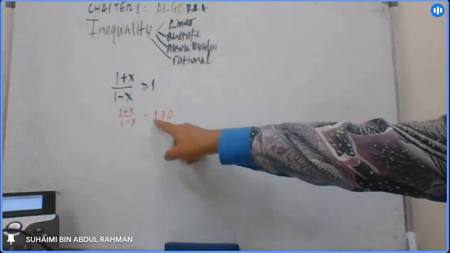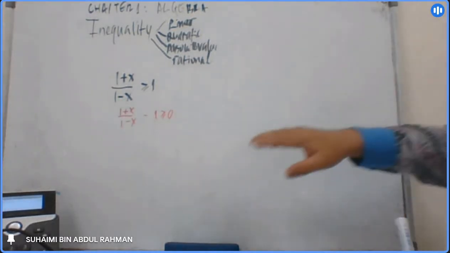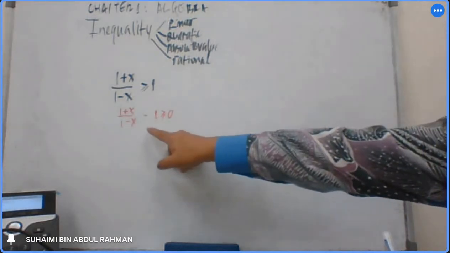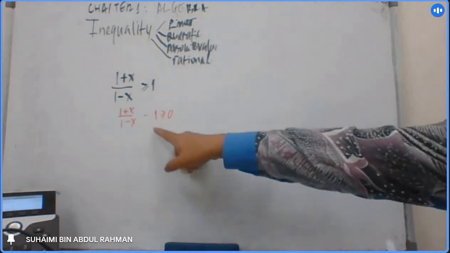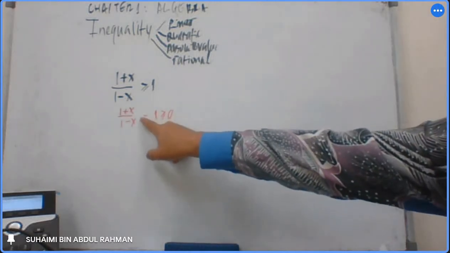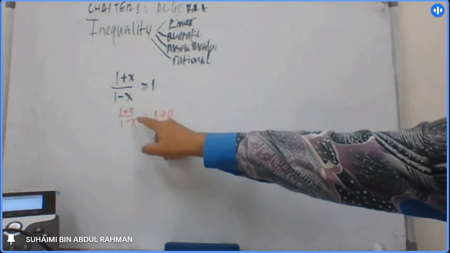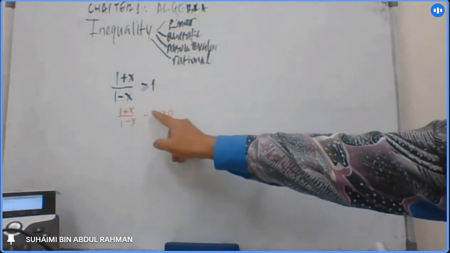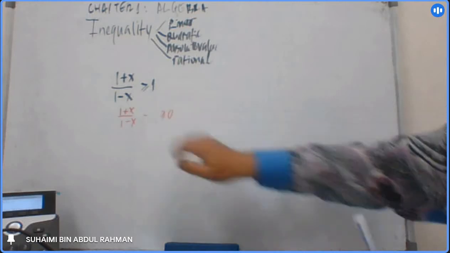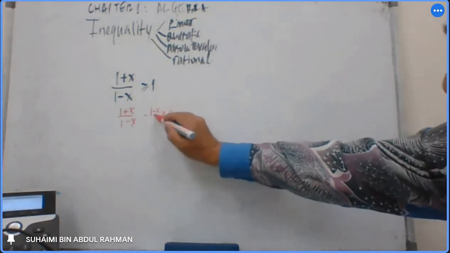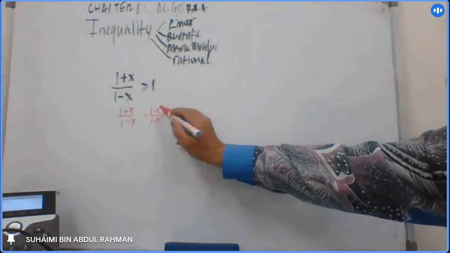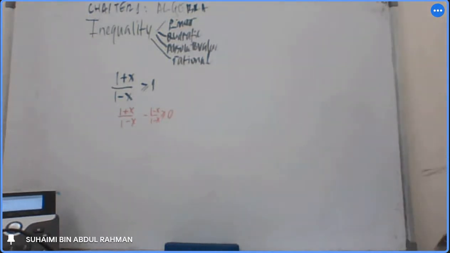We want to perform the operation of subtraction between (1 plus x) over (1 minus x) and 1. So we change 1 here to be (1 minus x) over (1 minus x). Why do we change it?